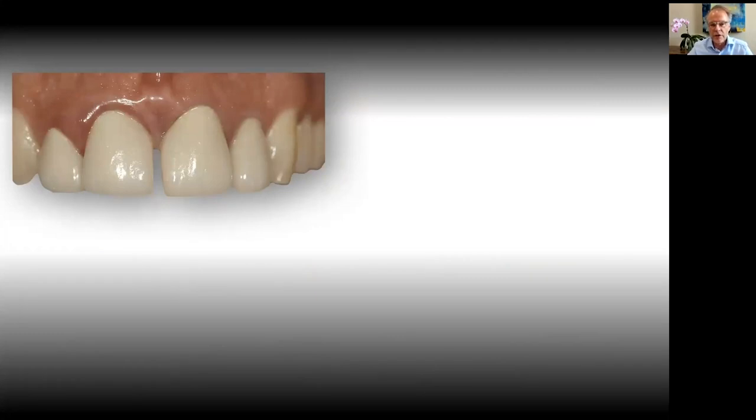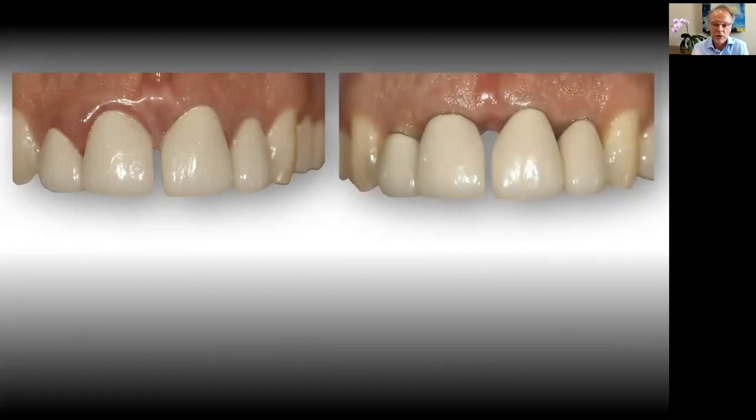And another example where there were metal ceramic crowns on this patient, periodontal disease, which needs to be treated. I removed the old crowns before the periodontal procedures. After the periodontal procedures. So the periodontal procedures were done first. And now you can see between the centrals, we have a cratering. We no longer have a papilla.